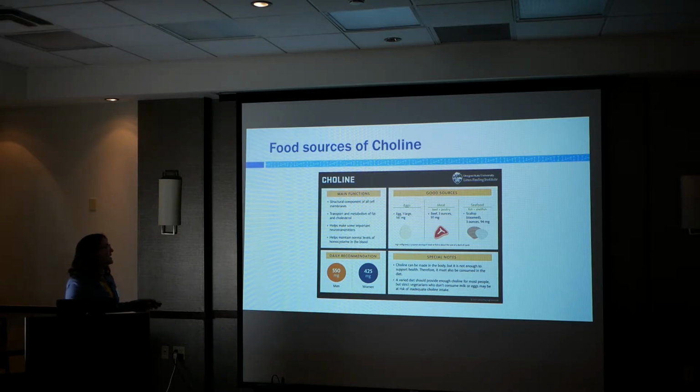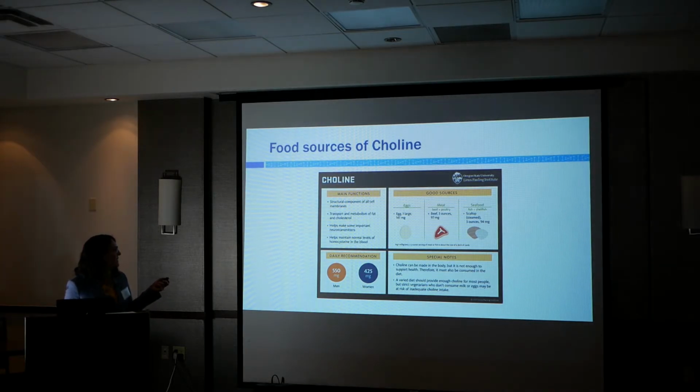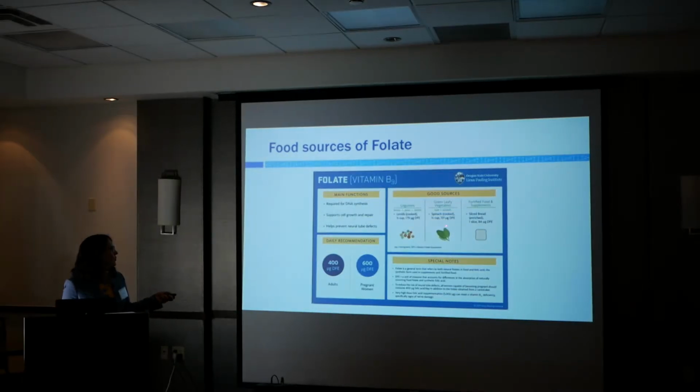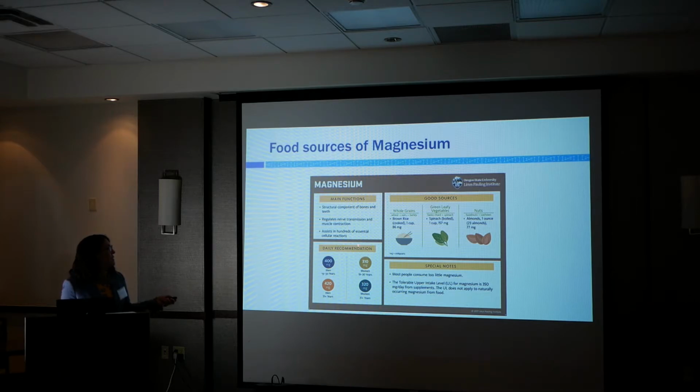Choline food sources, egg yolks specifically, but the whole egg, beef, scallops, as well as organ meat. And then folate, Corey already gave us a really lovely example of that.